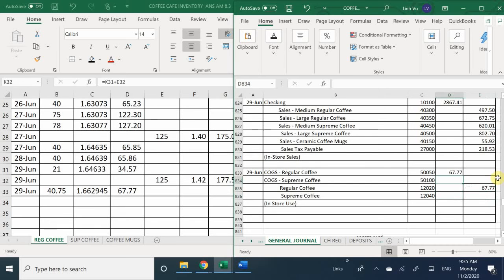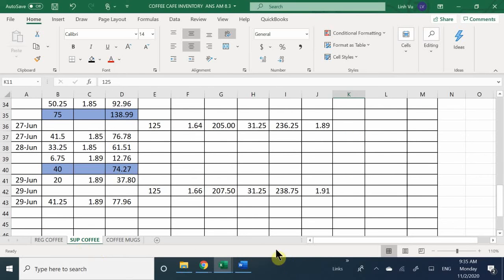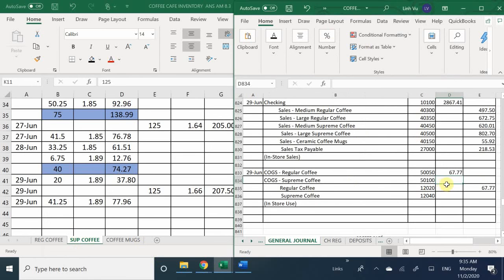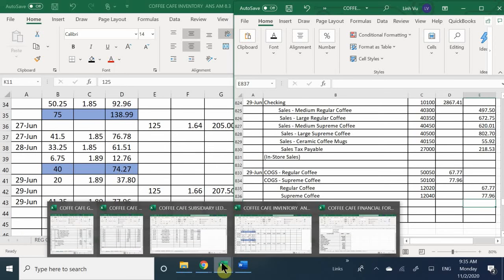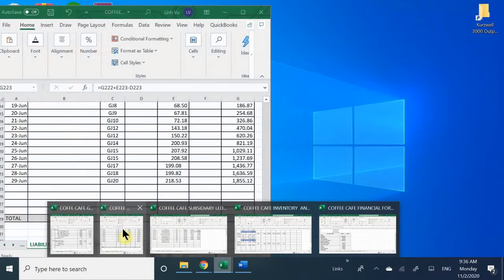And then we have COGS Supreme, 77.96. 77.96. Okay, 7796. So where to next? We need to go to the ledger.